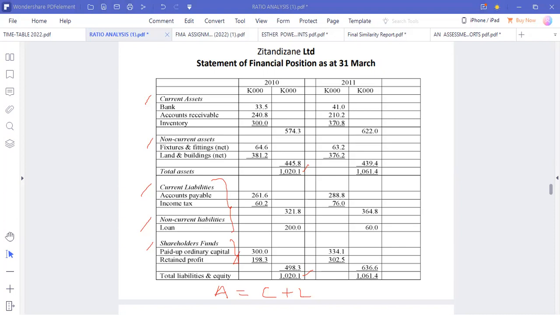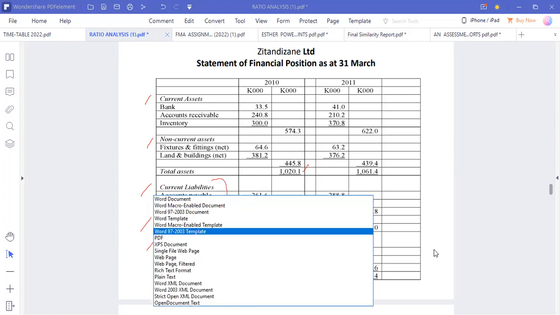The current ratio and the quick ratio, or the acid test ratio.